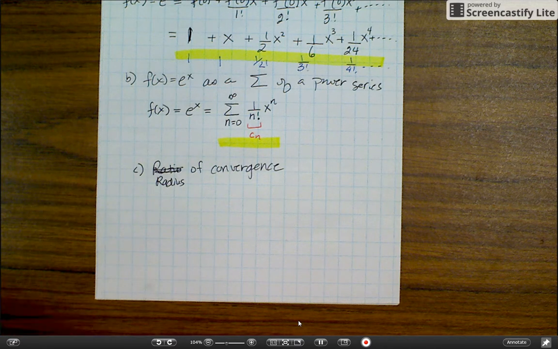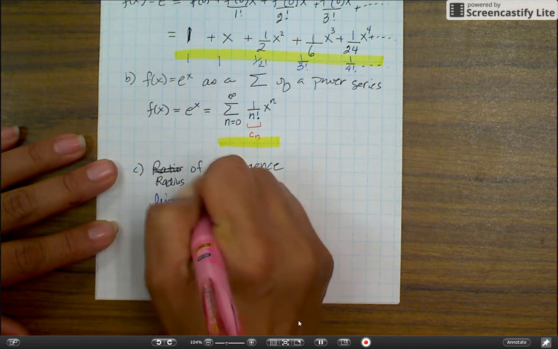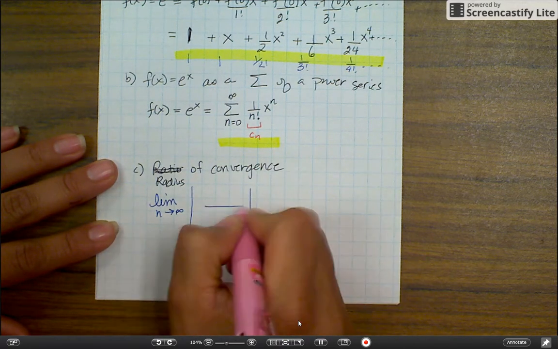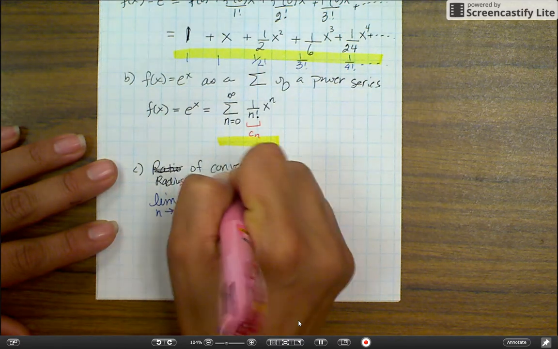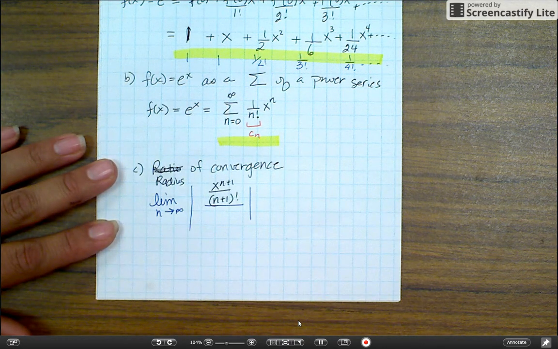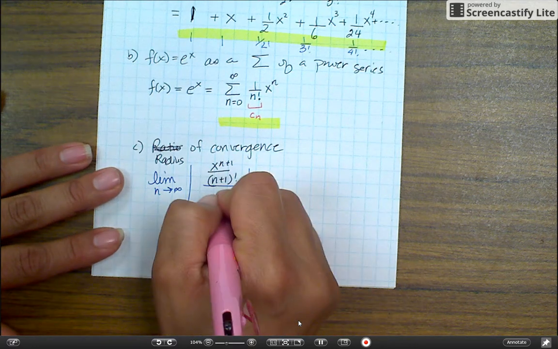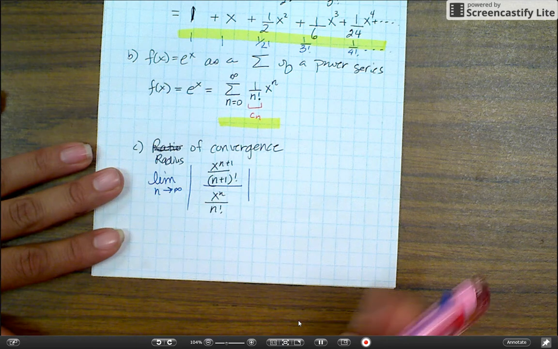So we will go, okay, I'm going to take the limit as n goes to infinity. And I'm going to do the n plus 1. So this is going to be x to the n plus 1 divided by n plus 1 factorial. And this is going to be x to the n divided by n factorial.